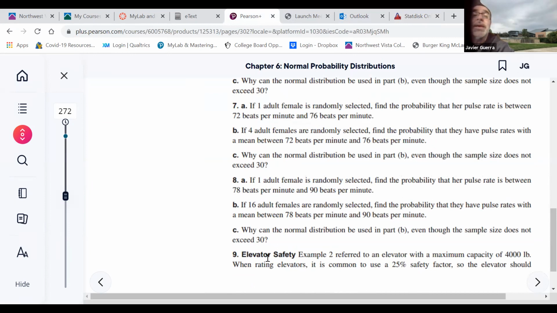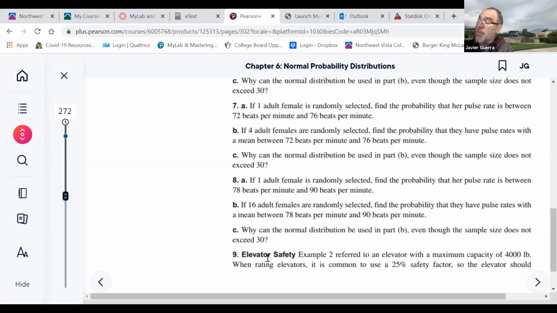7B. If 4 adult females are randomly selected, find the probability that they have pulse rates with a mean between 72 beats per minute and 76. How many people are we conducting? Is it one or is it multiple? For part B, this is multiple.